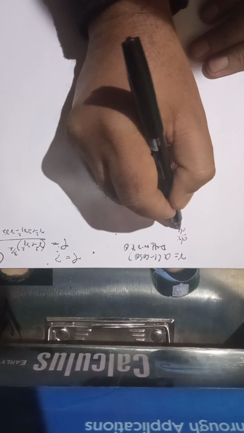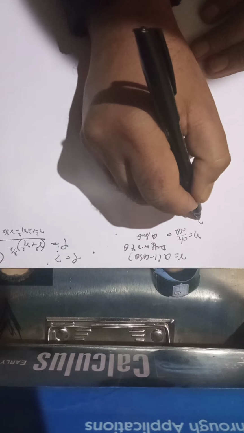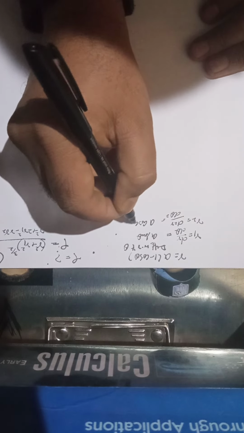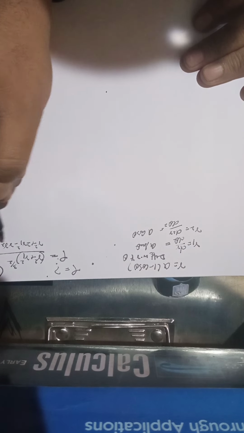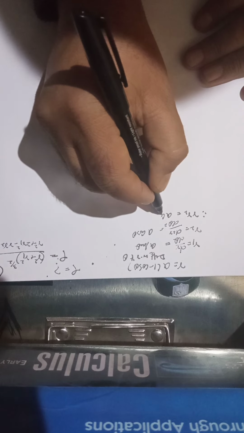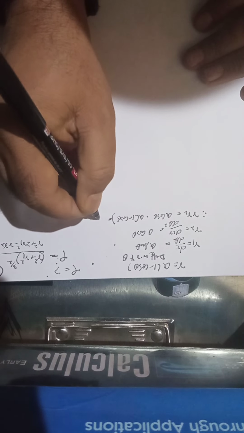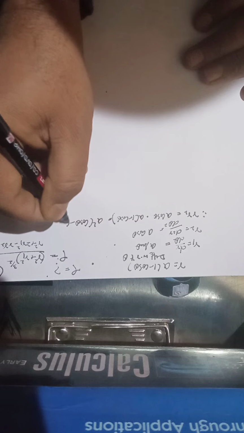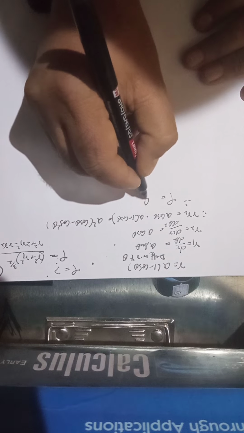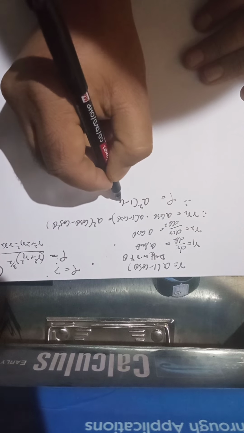dr/dθ, or r1, is a sinθ. r2 is a cosθ, and we need rr2. Therefore, rr2 is a cosθ into a(1 − cosθ), which is a²(cosθ − cos²θ). Therefore, ρ is: r² is a²(1 − cosθ) whole square.